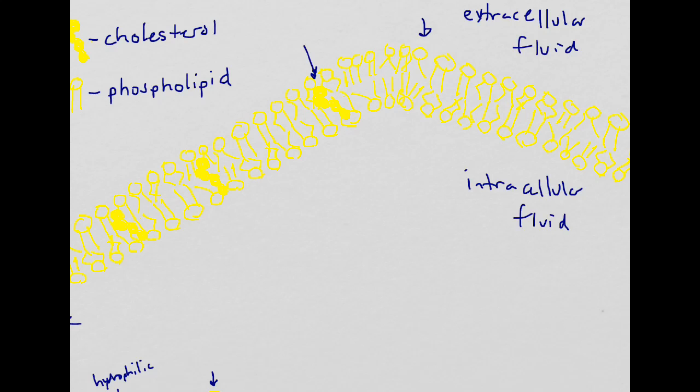It helps keep the membrane more fluid, and it also helps keep the membrane more solid, depending on the temperature. If it's really warm out, cholesterol kind of stabilizes the membrane so it's not too oily. If it's very cold, then it will help keep the membrane still being very fluid.